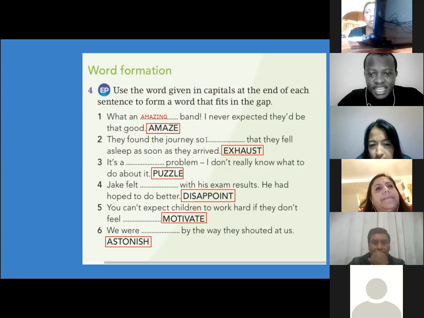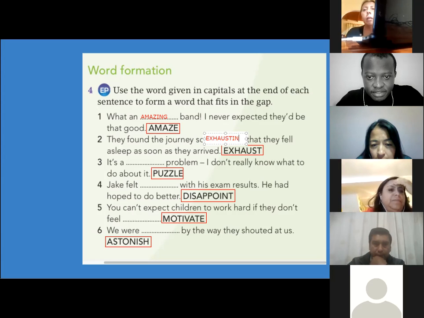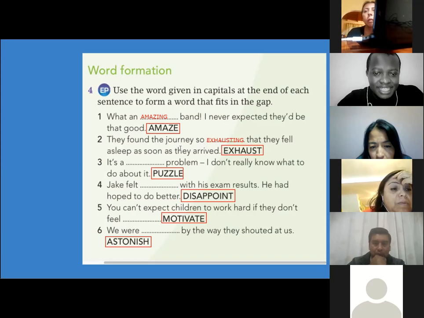Can someone give us a justification why exhausting is correct? Because the journey is the cause of the feeling. Yeah, we are describing the cause why they were tired, why they fell asleep.